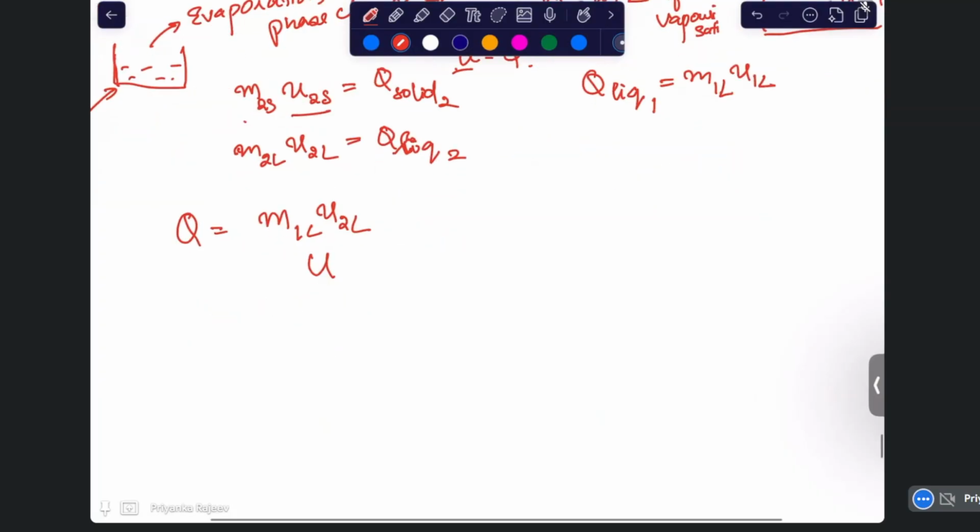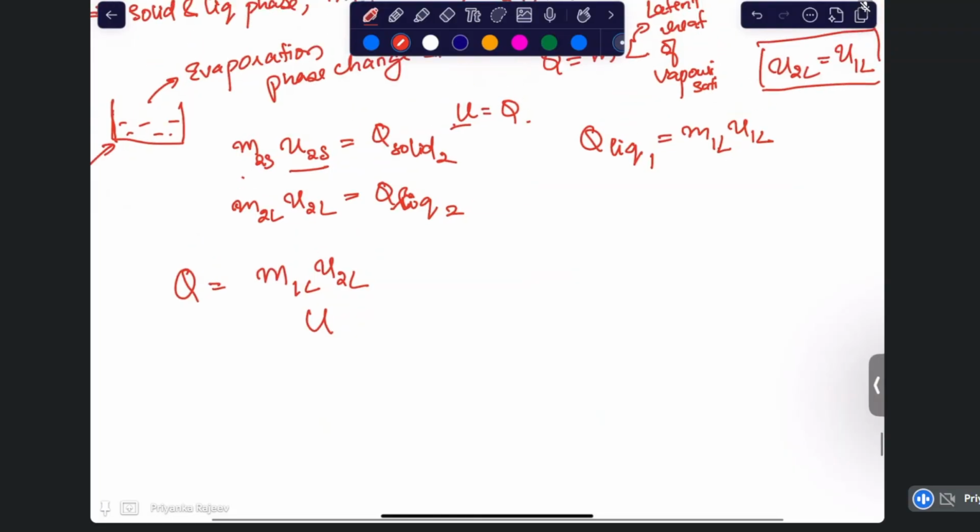So M1L times U1L, that is the liquid phase internal energy, minus M2L times U2S, that is the internal energy of the solid phase. The M2L means that much liquid is remaining. This is the heat transfer that has happened.